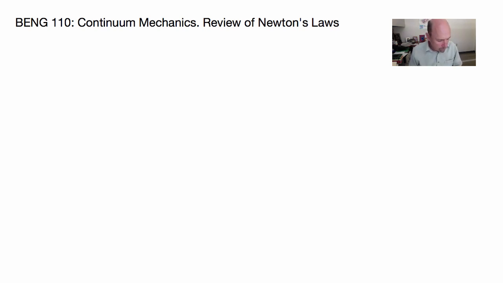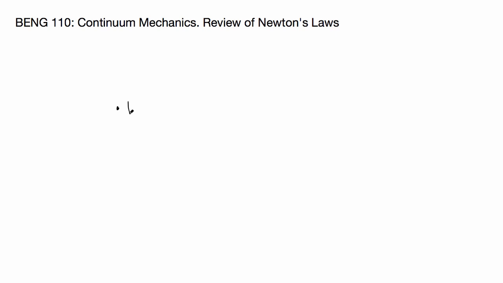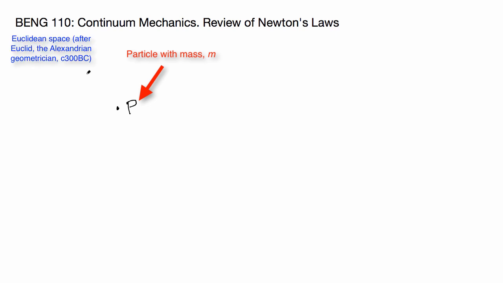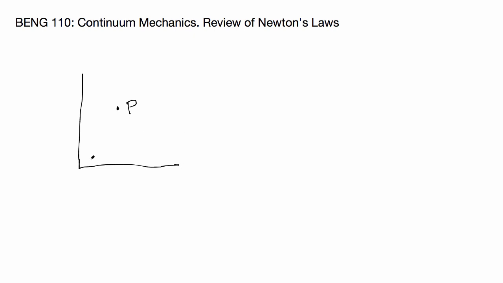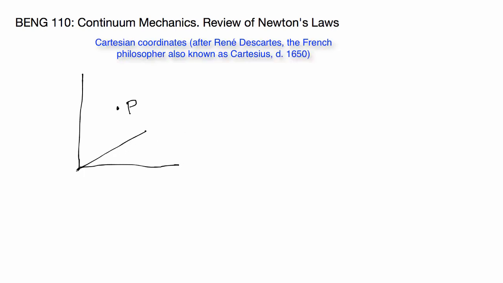So let's start by considering a material particle, call it P, with mass m in Euclidean space. And the position of that particle in space is going to be identified by its coordinates in a Cartesian reference frame, so an origin here.